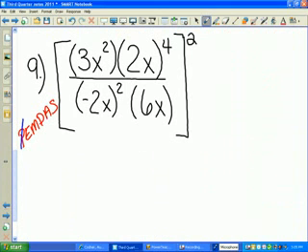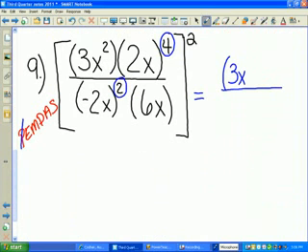So now, exponents. Are any of those monomials being raised to an exponent? Yes, they are. This 2x is being raised to the 4th power, and this negative 2x is being raised to the 2nd power. So from here, we want to work it from the inside out.